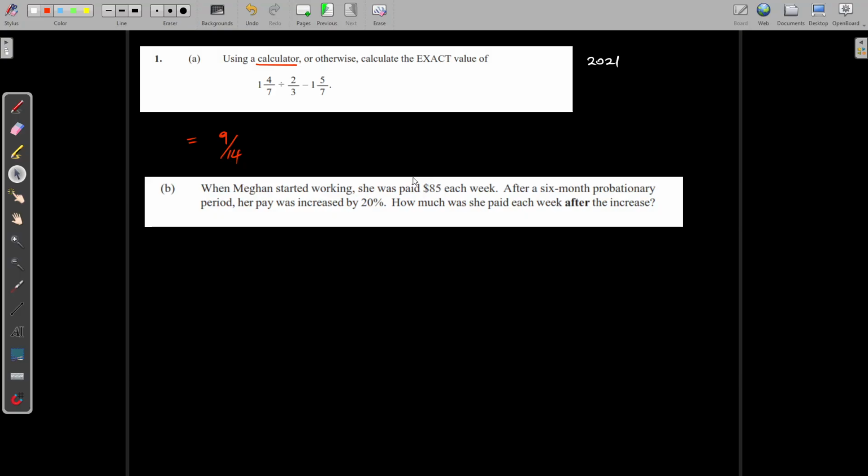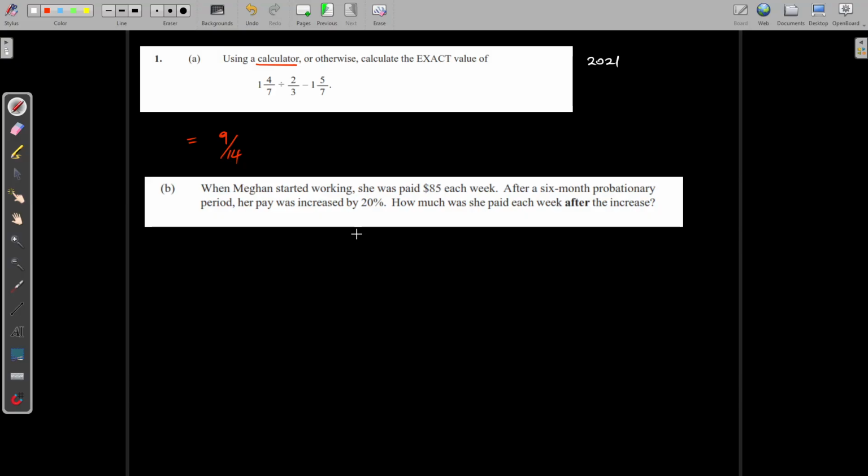So when Megan started working, she was paid $85 each week. After a 6-month probationary period, her pay was increased by 20%. How much was she paid each week after the increase? So she started working and she was getting $85 each week. After 6 months, they increased her pay by 20%.